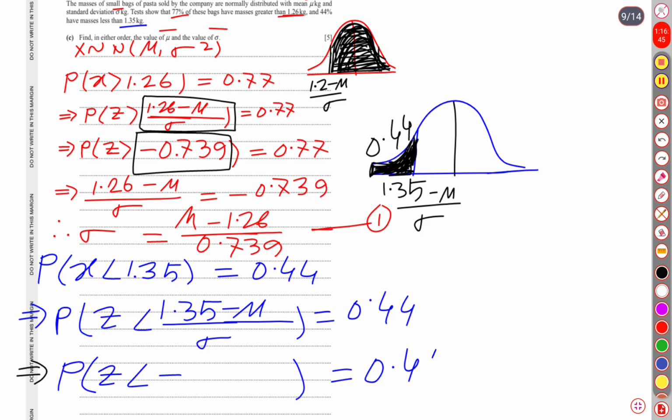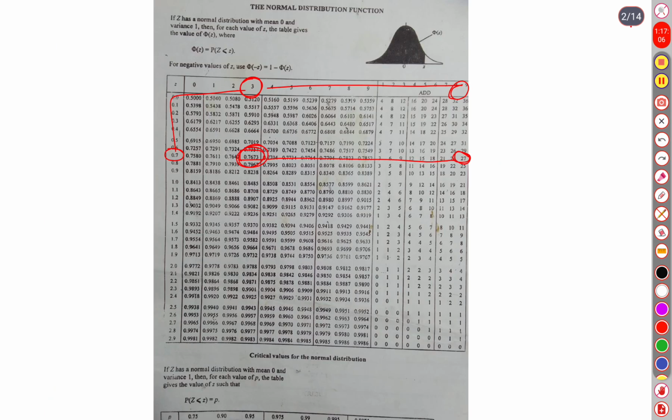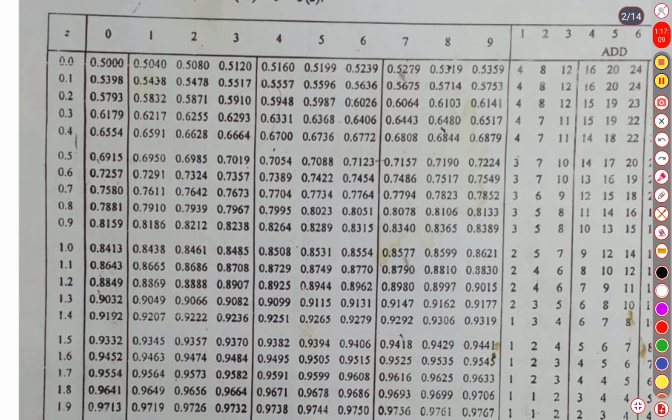And look, this probability is also the smaller part, so always we find the larger part in the probability distribution table, which will be 0.56. So let us see what the corresponding z score is when the probability is 0.56. Over here it is 0.5596, and if we add 4 it will be 0.56.